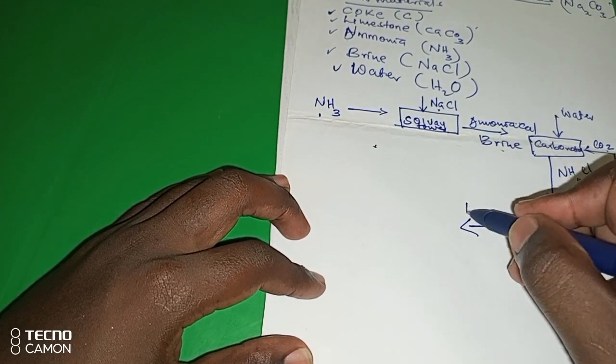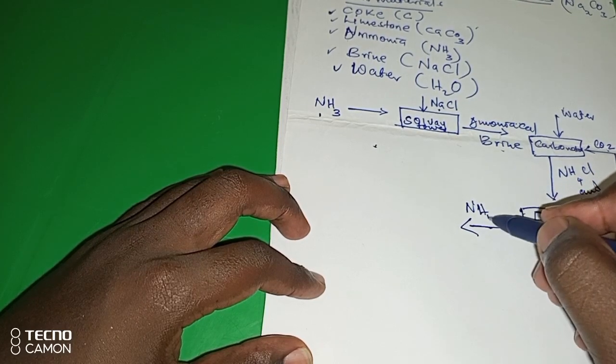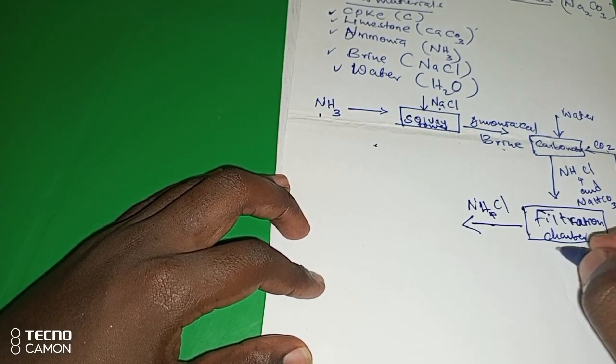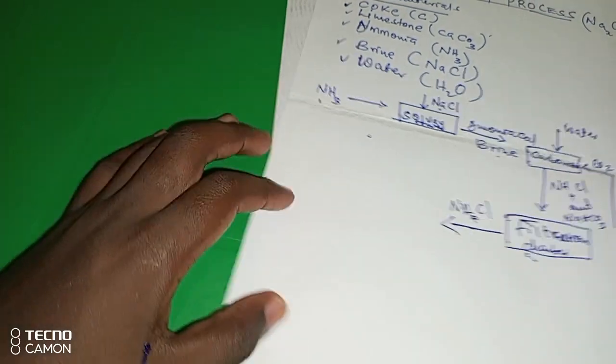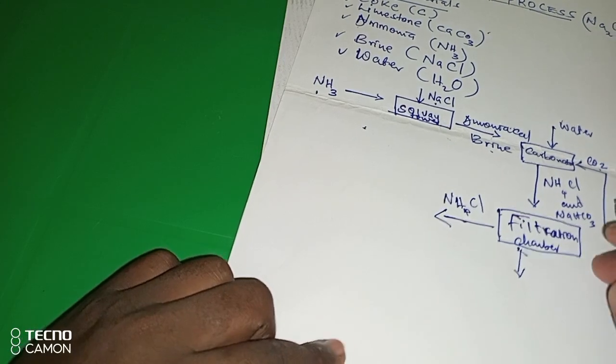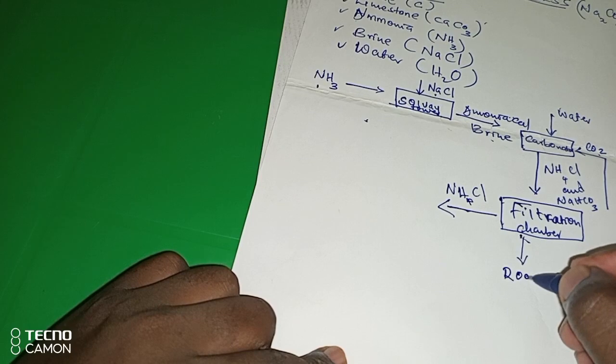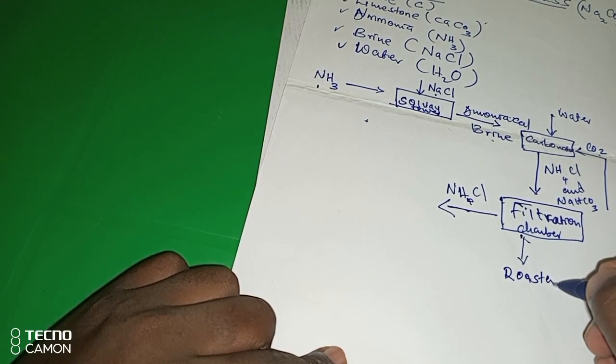Ammonium chloride is taken to another chamber. We refer to it as the slacker. And sodium hydrogen carbonate is taken to a chamber we refer to as a roaster.